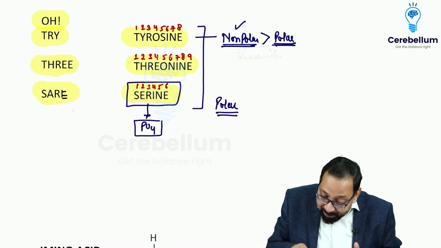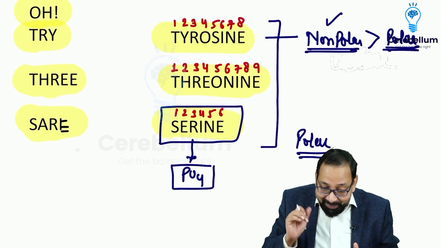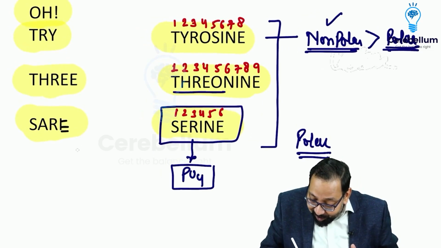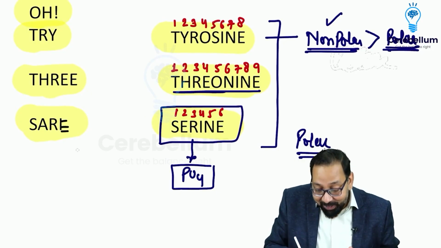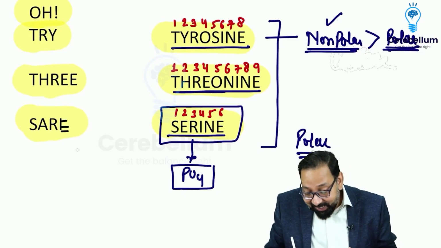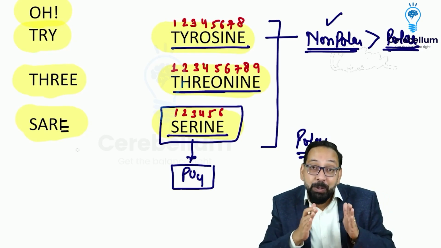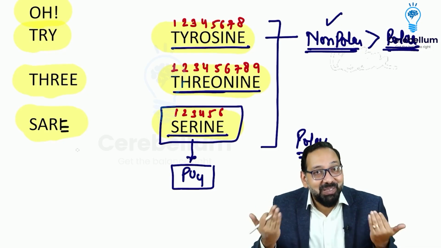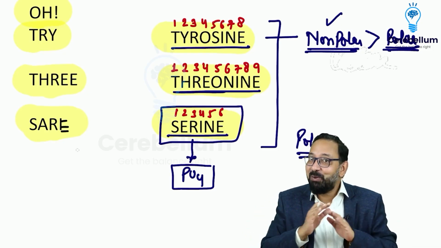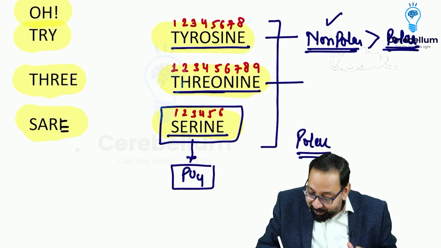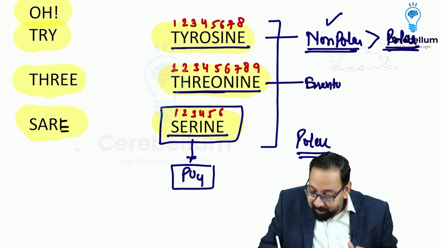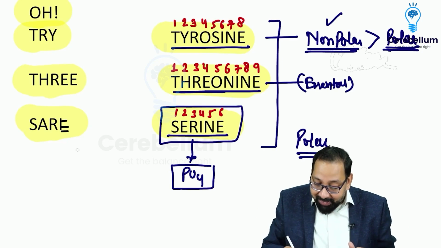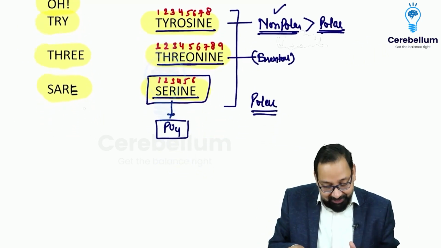If you remember the spelling, threonine has 9 letters, tyrosine has 8 letters, serine has only 6. So the longest is threonine, and the longest would be difficult to synthesize. So threonine cannot be synthesized in our body, so it is essential, while tyrosine and serine are non-essential.